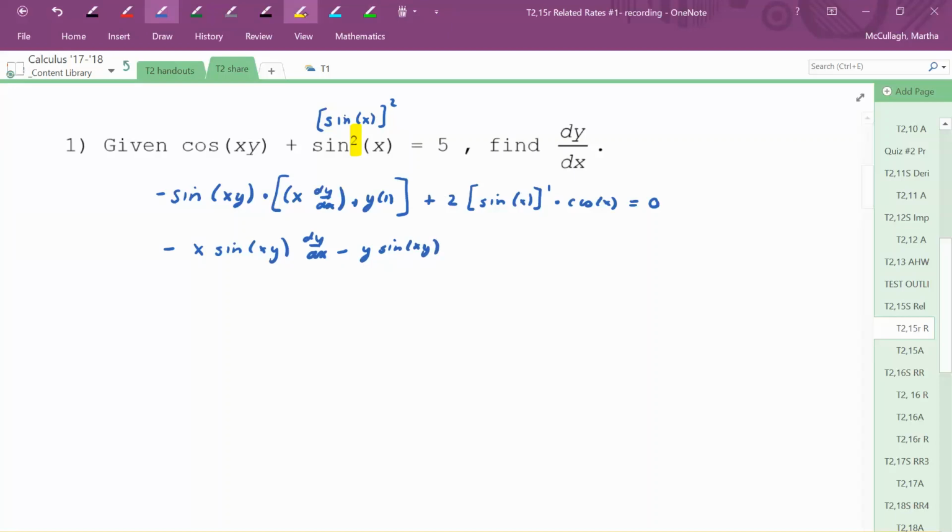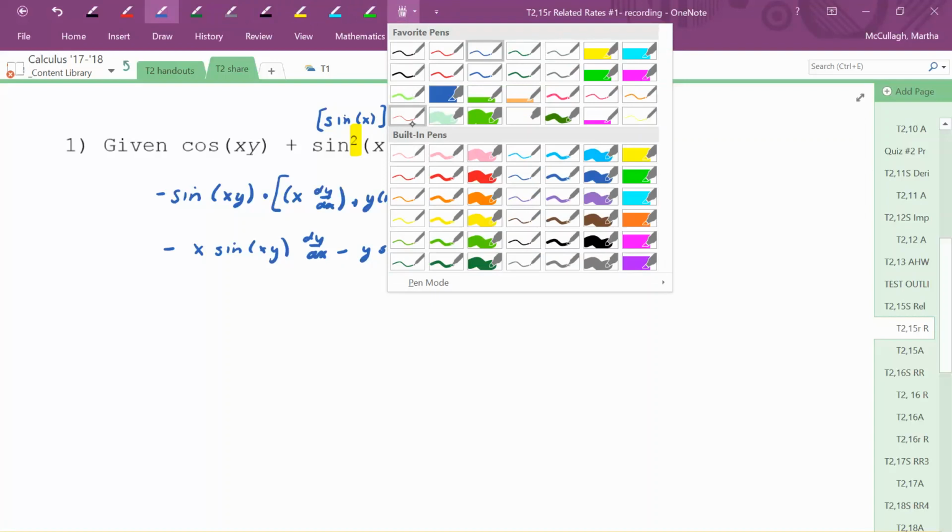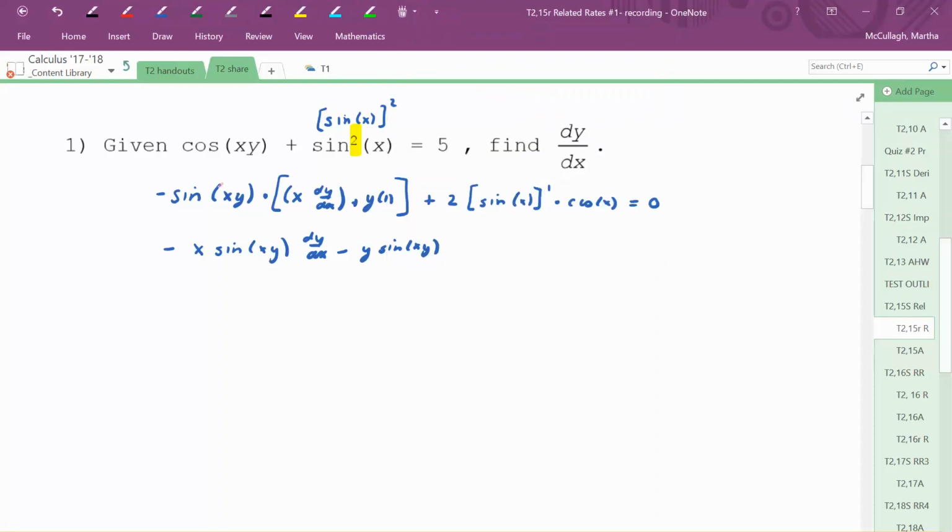So that the distributive is this and that. And then still just plus 2 sine x and cosine x.